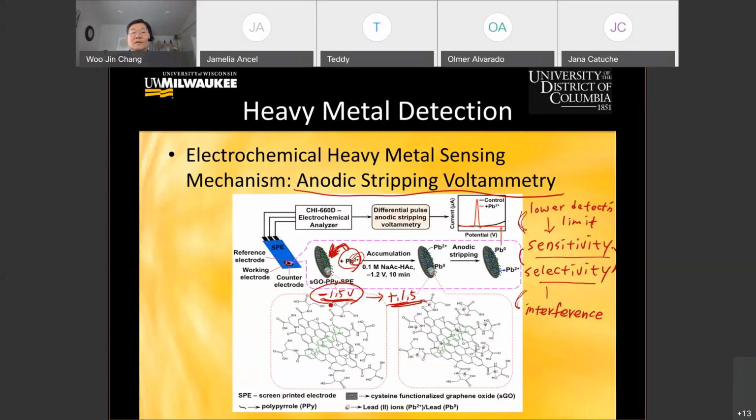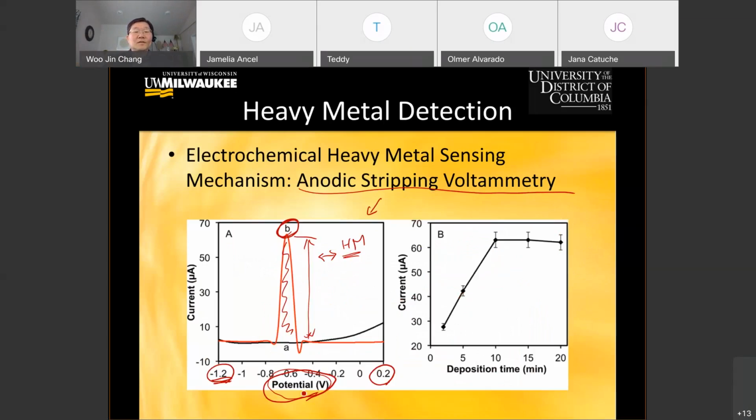And the potential at which certain heavy metals are removed from this electrode surface is different depending on the heavy metal, so I can detect multiple heavy metals in a single operation.